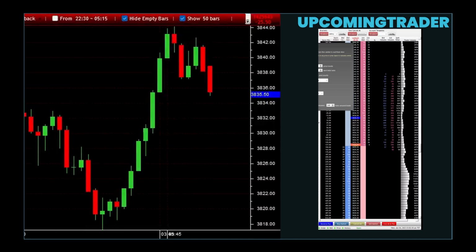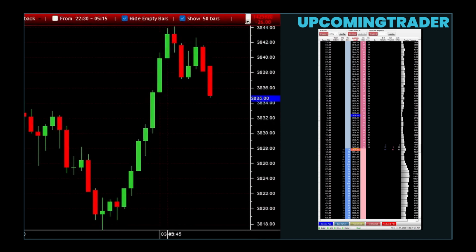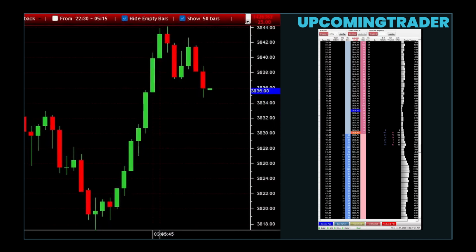If the price breaks above the resistance level with strong volume, it often means the buyers have taken control, and the price will likely continue to rise. If the price breaks below the support level, it shows that the sellers are in control, and the price could continue to fall. This pattern can show up in all kinds of market conditions, but it is especially common when the market is in a consolidation phase where there is no clear trend.